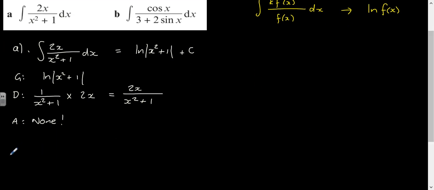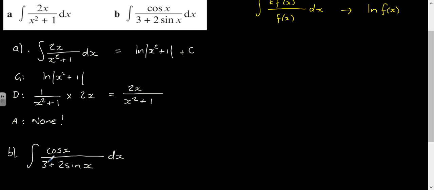So the second example, we have the integral of cos x over 3 plus 2 sine x. And again, thinking this process through, I'm looking at this fraction and I'm asking myself, can I differentiate the denominator and come out with something like the numerator?